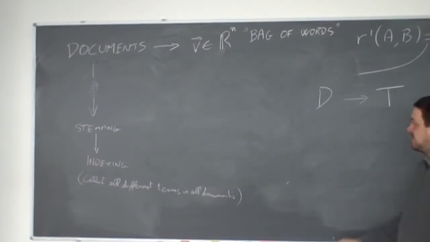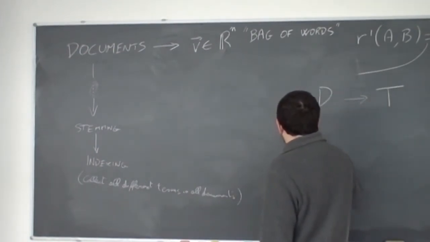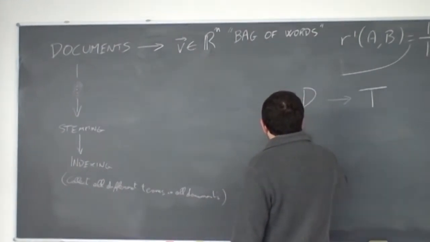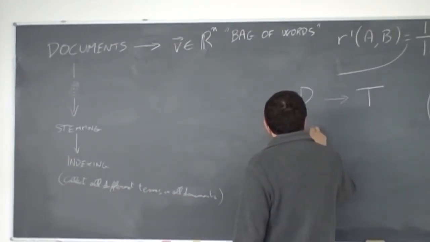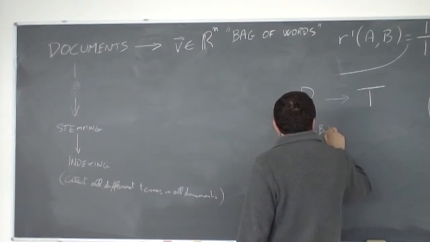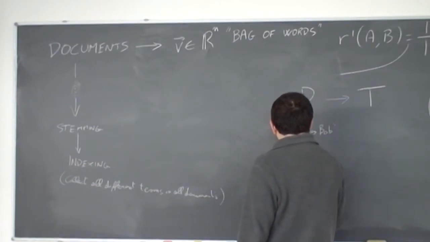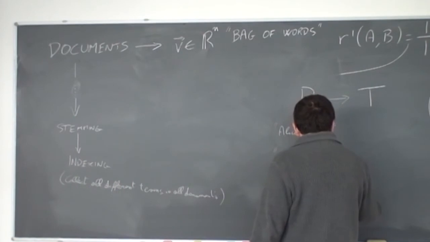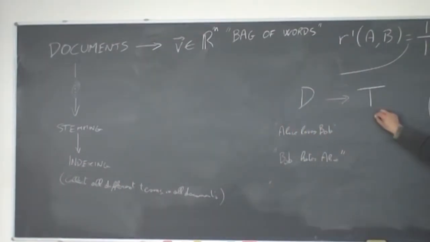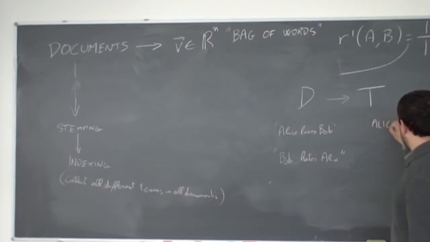For example, suppose that we have two documents. The first says Alice loves Bob, and the second document says Bob hates Alice. The term collection in this case would be Alice, love, Bob.